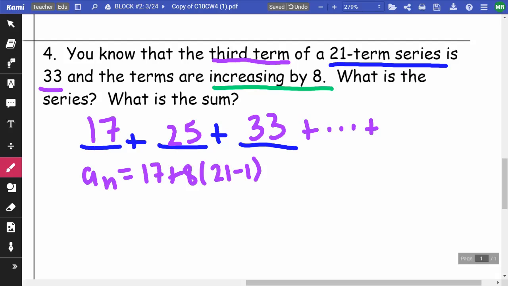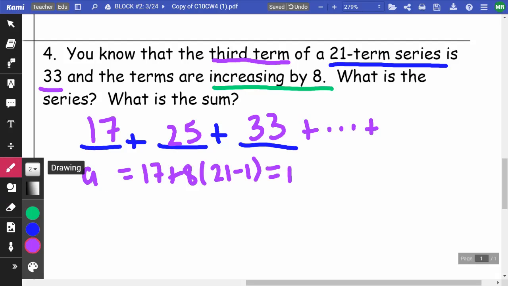And I can just put that into my calculator. So 17 plus 8 times basically 20. I end up with, and I should really write this as, this is my 21st term, 177. So it's going to go up to 177.